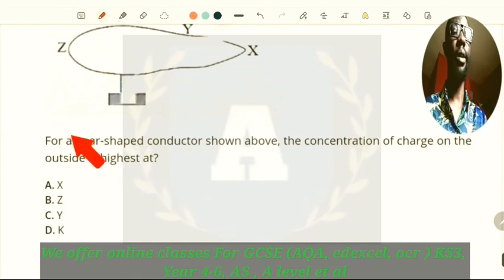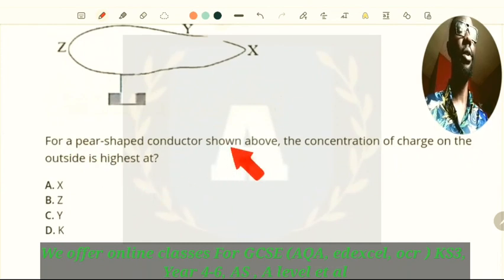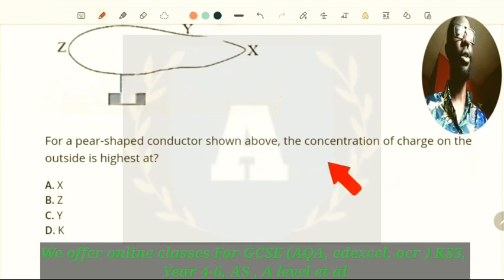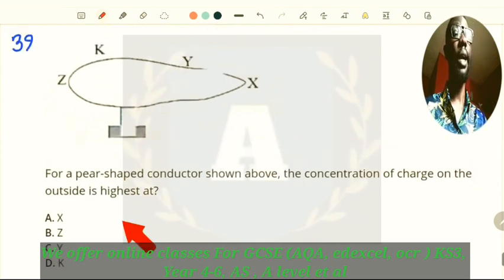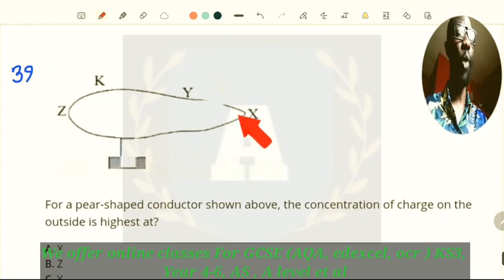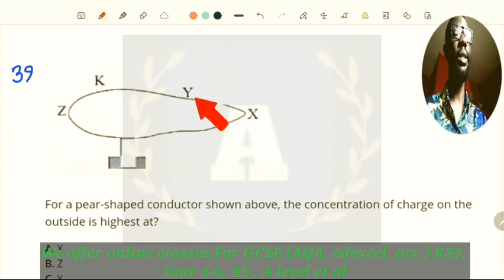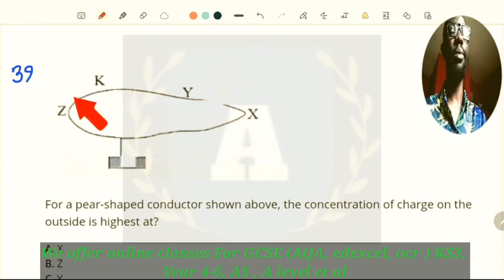Now it said a pear-shaped conductor shown above, the concentration of charge on the outside is highest at the pointed part. That is where the concentration will be higher. These places are flat, so charge will not be much here.